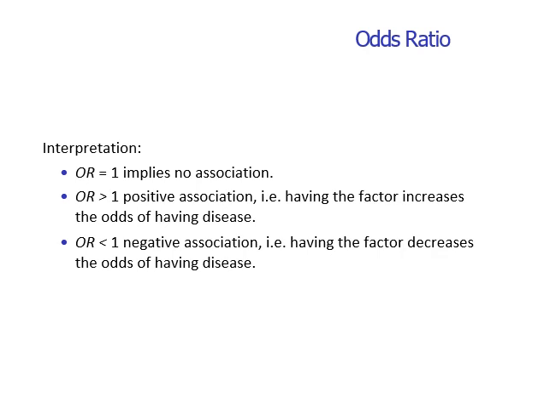If the odds ratio equals 1, the numerator is the same as the denominator, so there is no association between the risk factor and the disease state or condition. If it's more than 1, that means the factor increases the probability of having a disease. If it's less than 1, having the factor decreases the probability of having a disease.